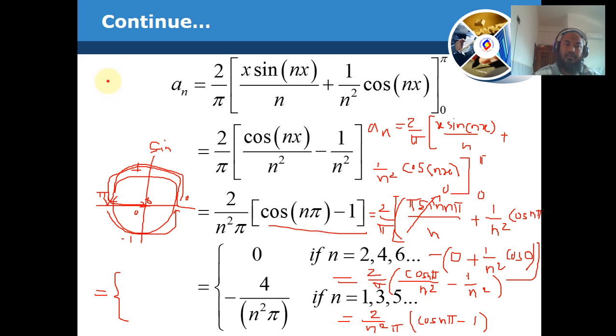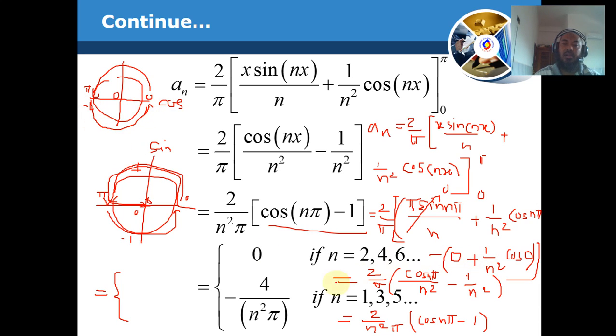So if we have this graph, this is cos, this is 1, this is minus 1, and this is 0, right? So if we have 2, let's say 2, 2 means from here to 2 pi. So we have 0, this is 1, and then this is 2 pi.